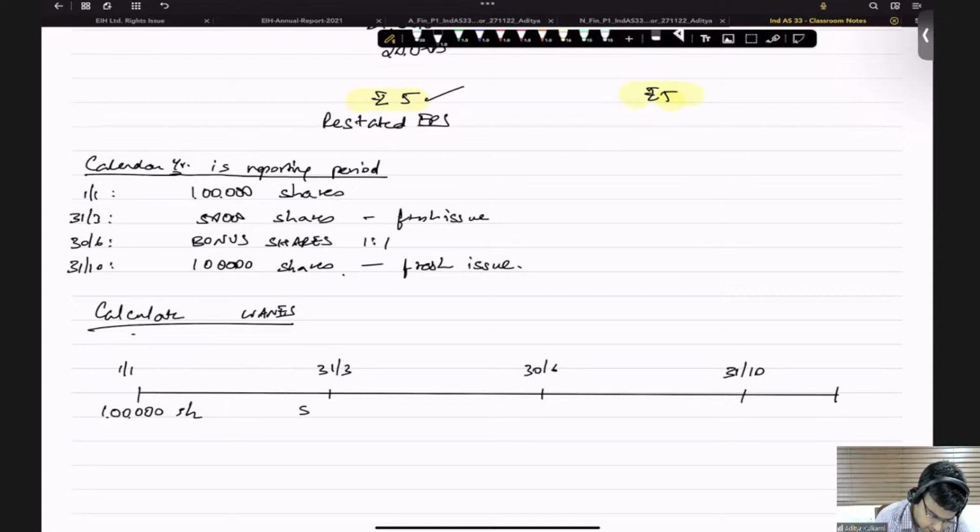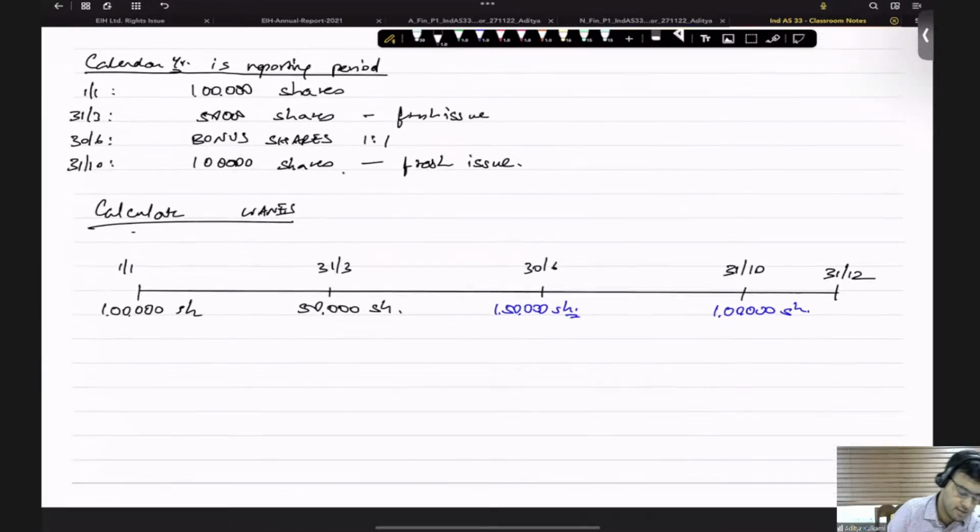On 31st March, another 50,000 shares are issued. On 30th June, I have a bonus in the ratio of 1:1. So 1 lakh plus 50,000, I had 1 lakh 50,000. So here 1 lakh 50,000 shares are coming. And on 31st October, I have another fresh issue of 1 lakh shares. The question is, sir, calculate the weighted average number of equity shares as on 31st December. This is your question.